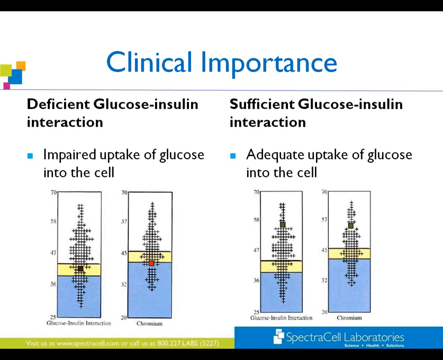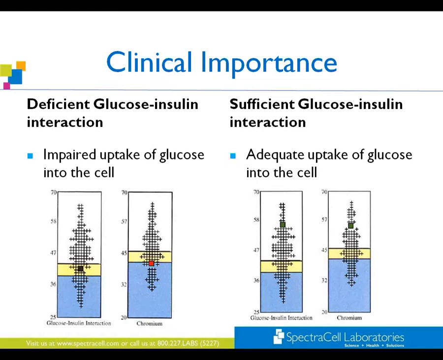Chromium has already moved into an overtly deficient state. So understanding that chromium is so directly tied to the insulin receptor to support that glucose-insulin interaction, if we don't support that chromium, if it's left untreated, the only direction that glucose-insulin interaction can go is further into a deficient state.